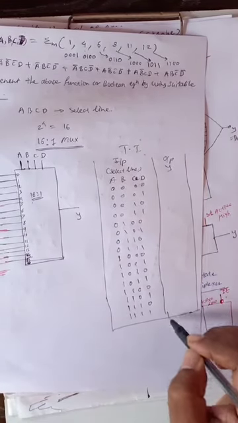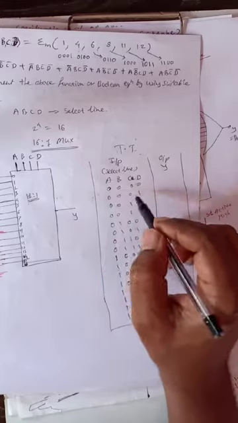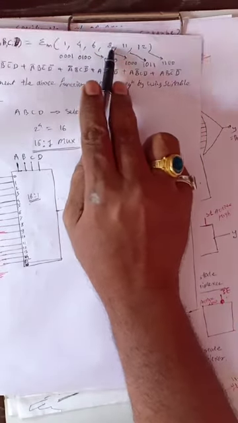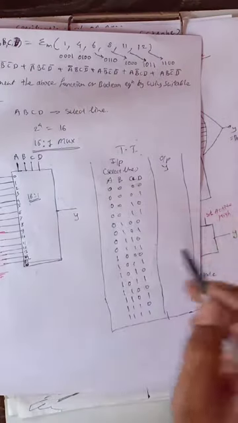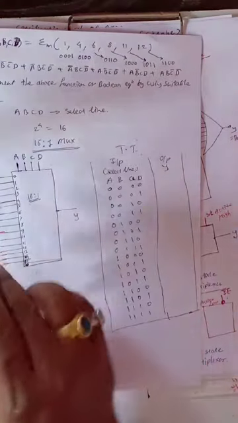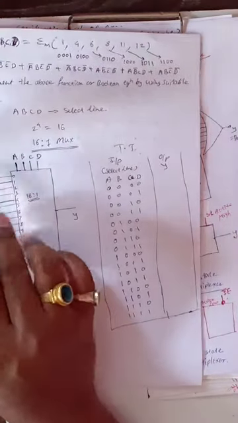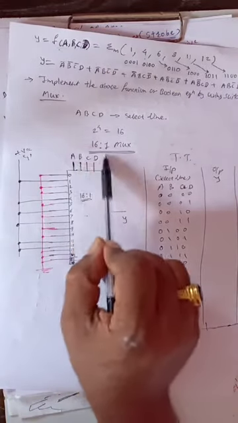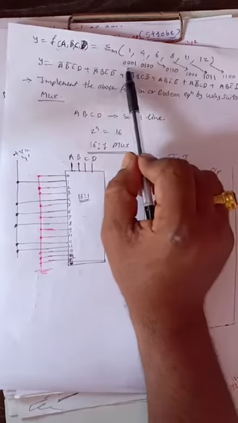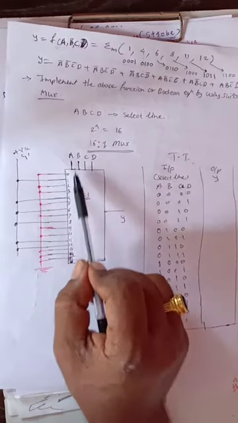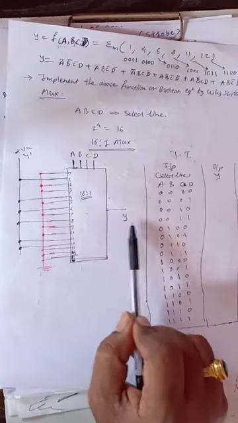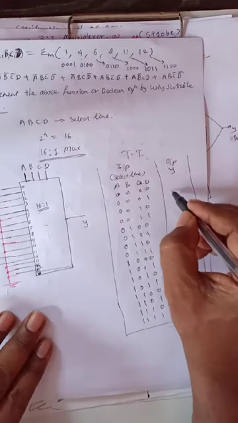Then you have to write 1 where 1, 4, 6, 8, 11 and 12 are, because all these are connected to logic level 1. When we apply the code 0 0 0 1, the input number 1 is selected, it is connected to 1, so Y becomes 1.